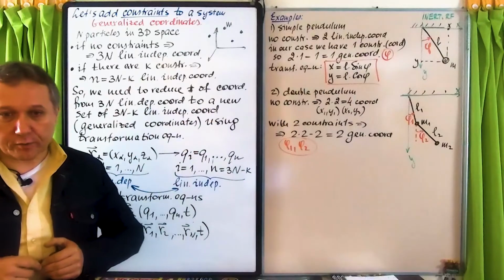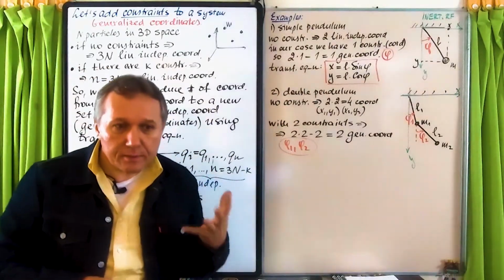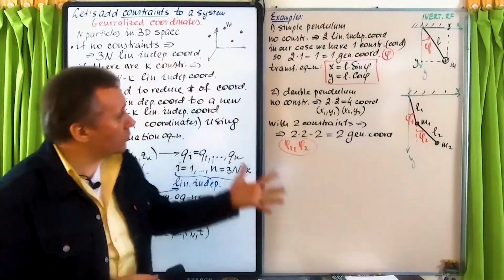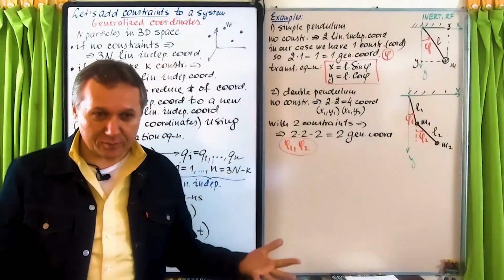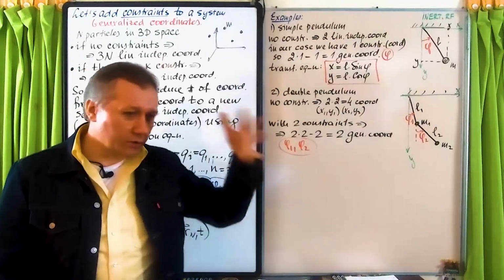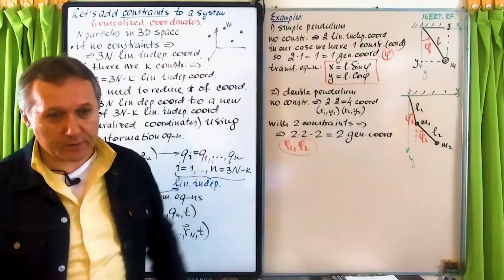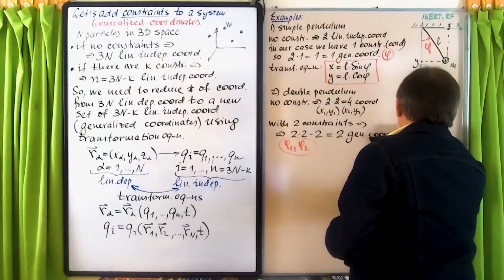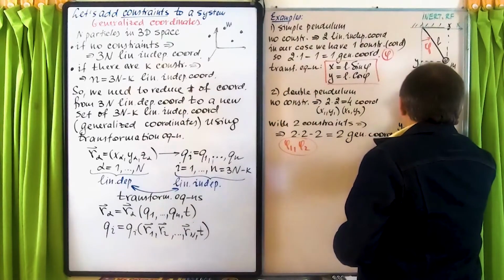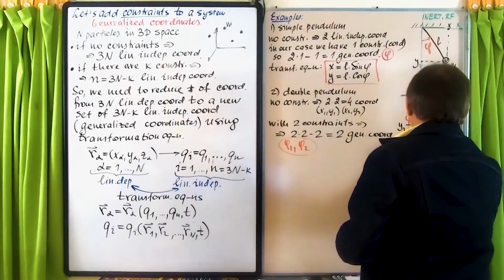And transformation equations. Usually, most of the time, it's just simple geometry. You just draw a nice picture, so that everything is visible in front of you, and then just use right triangles. So again, simple geometry, like in the first case. Now, this is y1, this is x1, this is x2, and this is y2.